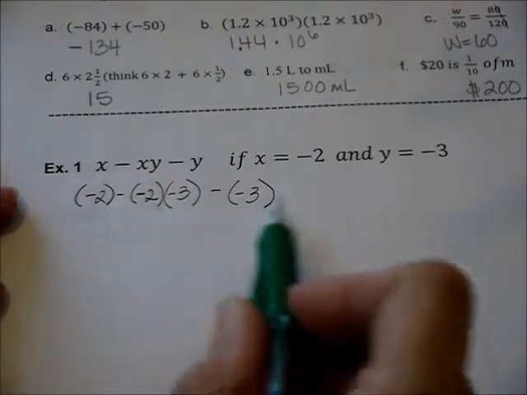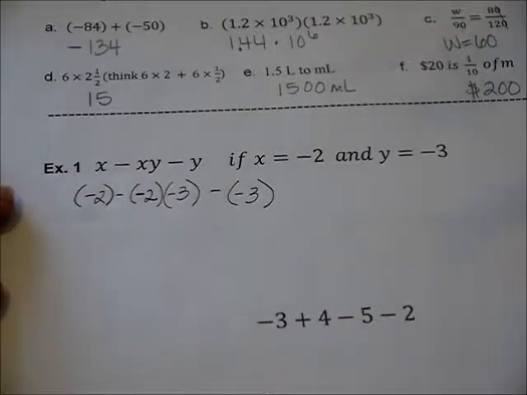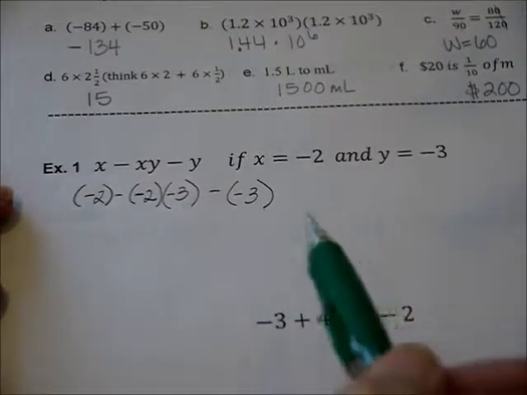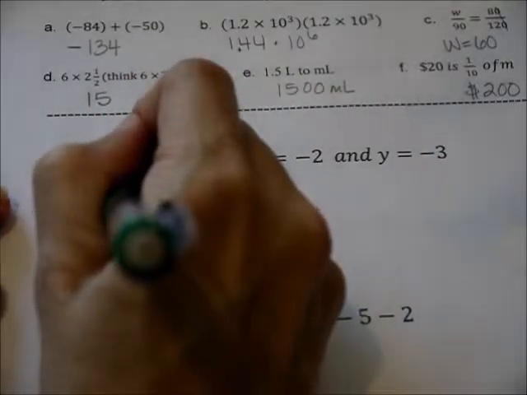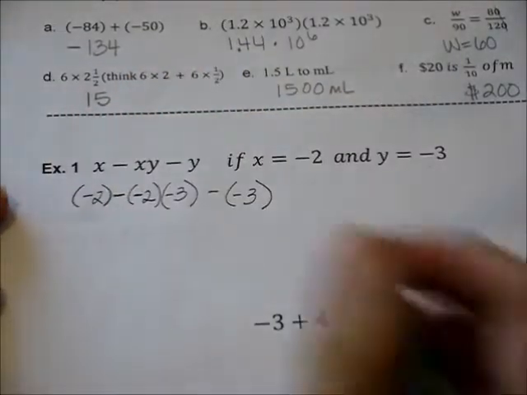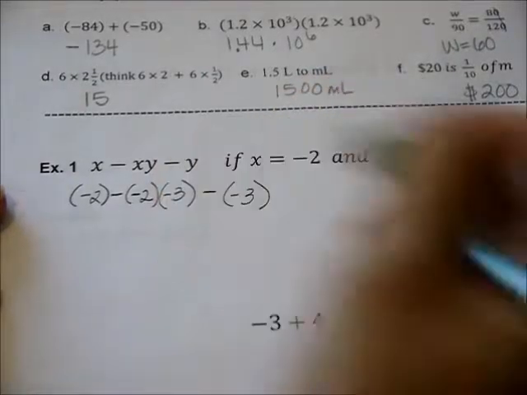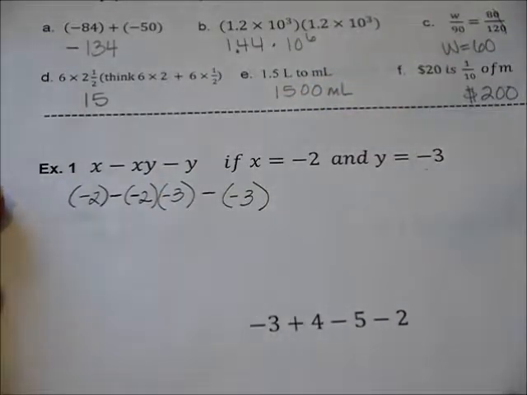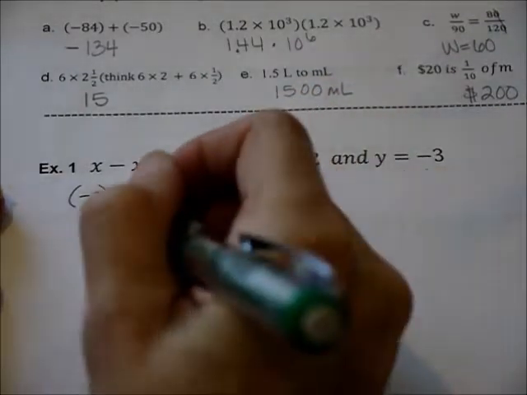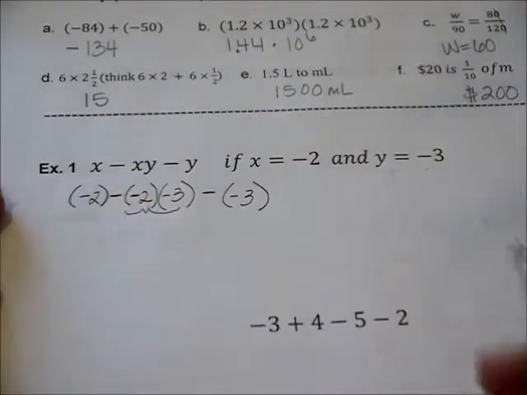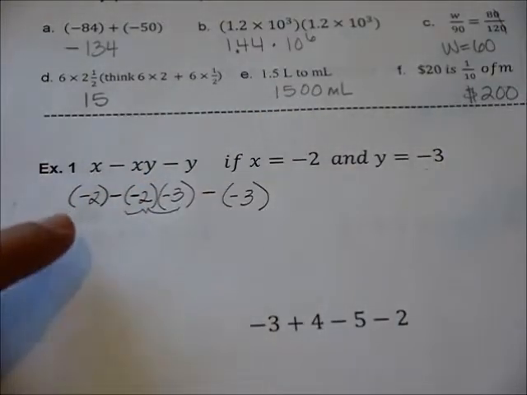Okay, so now we've got a whole bunch of subtraction and negatives and stuff, and so I really want to review this with you. Right away, there's just one set of multiplication here, and that's these two. The rest is finding the sum.